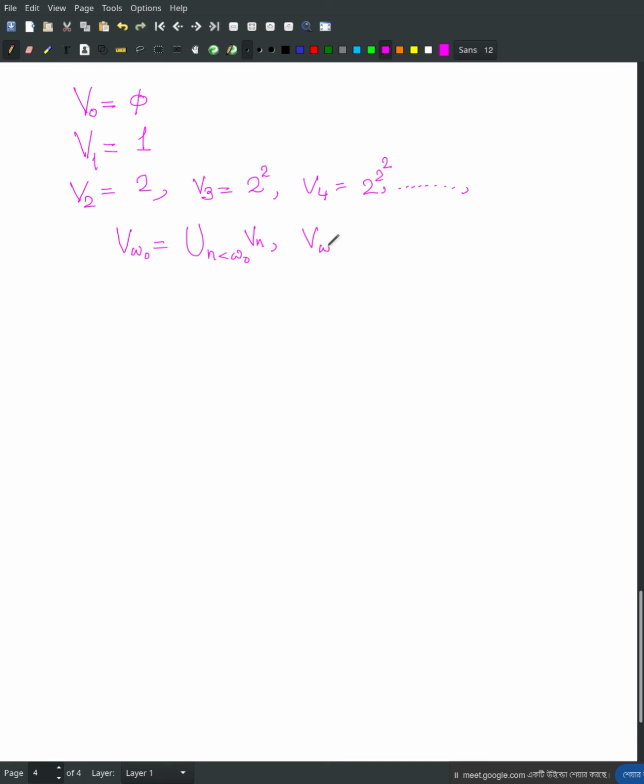So V omega plus 1 can also be defined. That is nothing else but the power set of this. So at stages like this, you go on taking power sets. At stages like this, and there will be many such, you collect all the information that has been taken up so far.